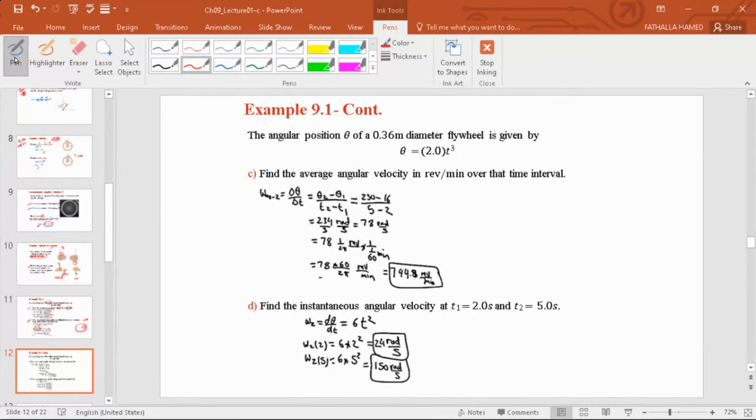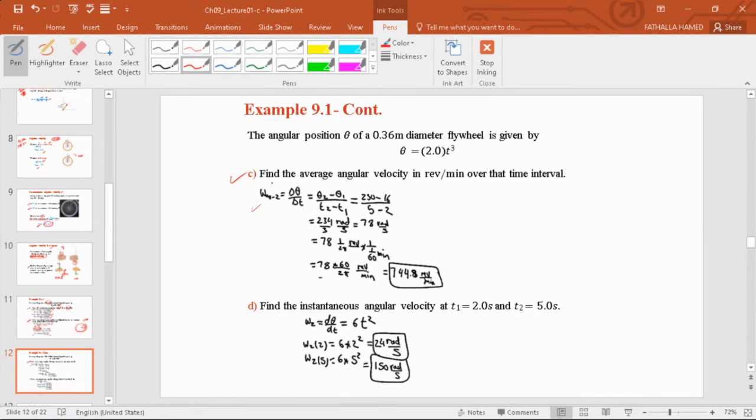We continue with the same example, but in C here, they ask you to find the average angular velocity in revolutions per minute over the time interval. That means from 2 to 5.